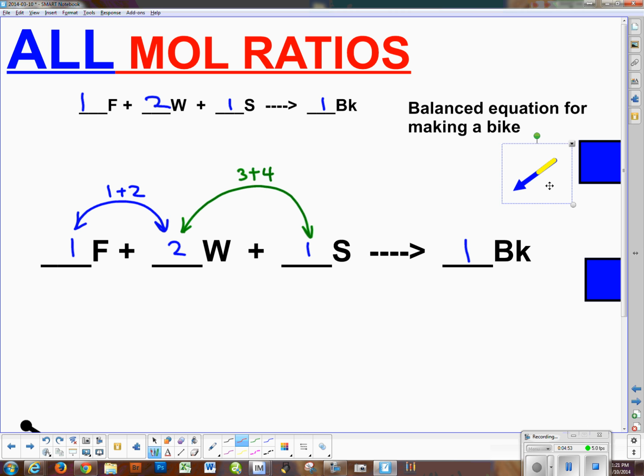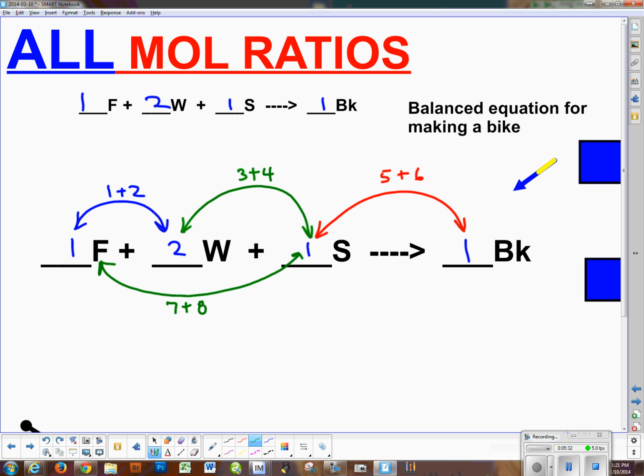And then we have another ratio from here to here. And again, this ratio, depending on which way I go, will give us ratios 5 plus 6. And now we can have more ratios than that, because we can have the ratio not only F to W, but we can go F to S. And so that ratio, there's 2 of those, and that gives us 7 and 8.